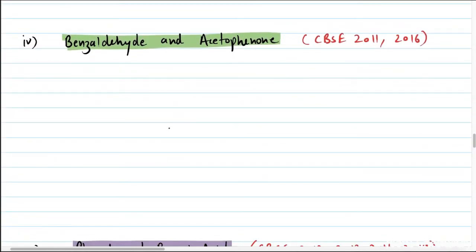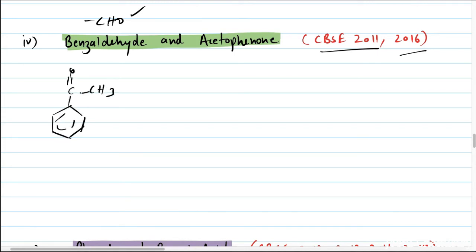Next one is benzaldehyde and acetophenone. CBSE 11-16. Benzaldehyde contains CHO, so it confirms the Tollens test. Acetophenone has the formula C6H5 C double bond O CH3. As you can see, there is a single carbon on either side of C double bond O, so it confirms your iodoform.